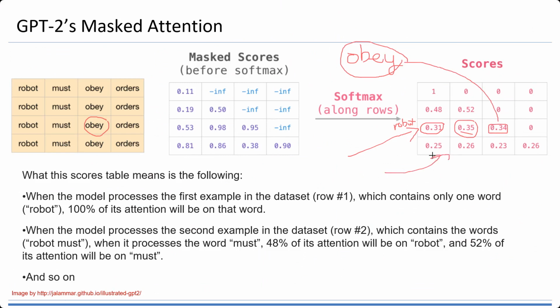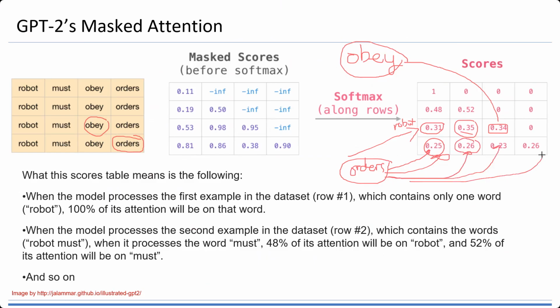What about the last one? The last one is the word orders. We can interpret it the same way. For the word orders, the attention to robot is 0.35, and the attention to the word must is 0.26, and so on.